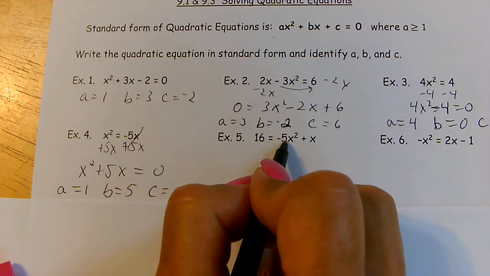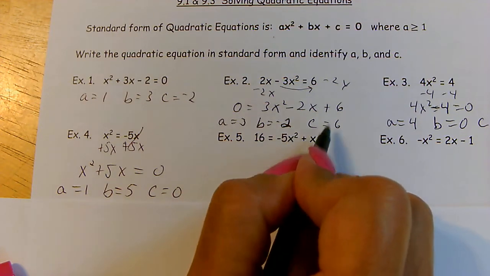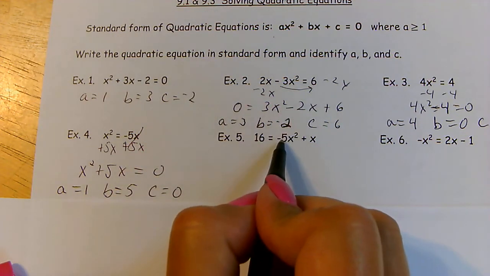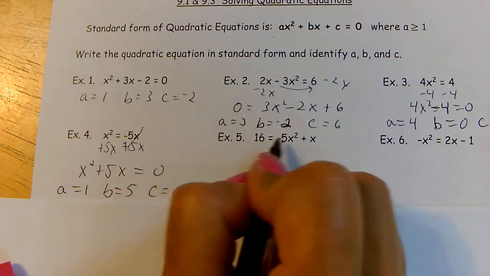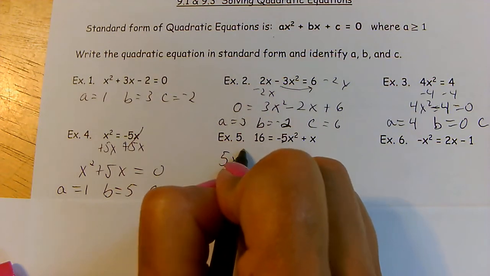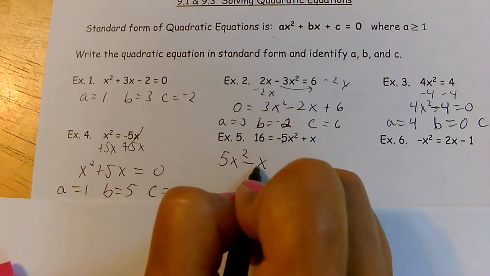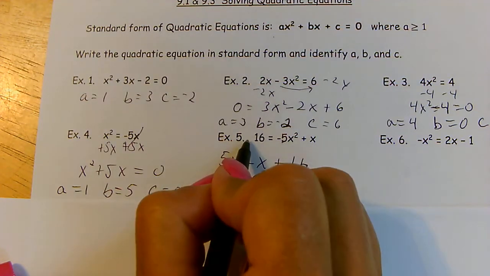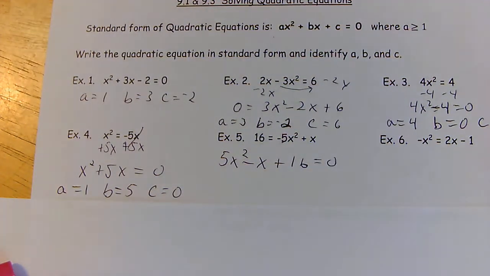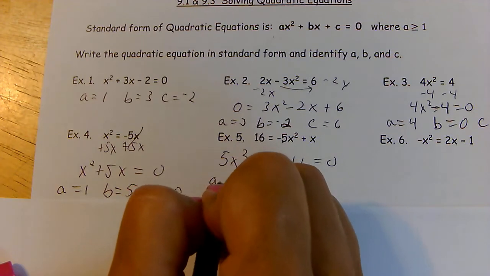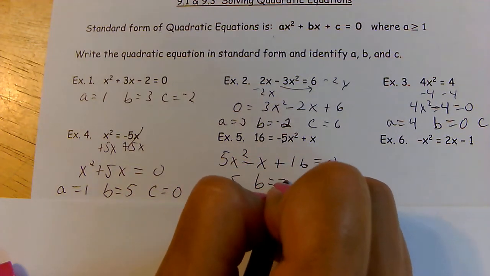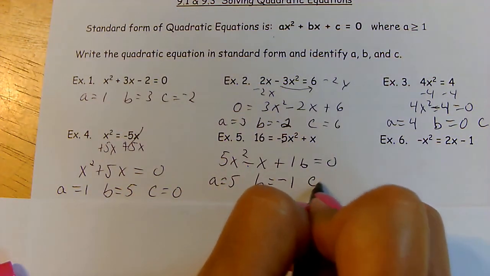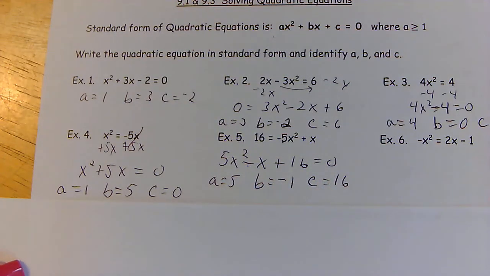Here, I want this term and this term over on this side because we would need the a to be positive. So over here, it's going to be positive 5x squared. This will be minus x plus 16 because it's positive over here. That's standard form. A equals 5, b is negative 1, c is 16.